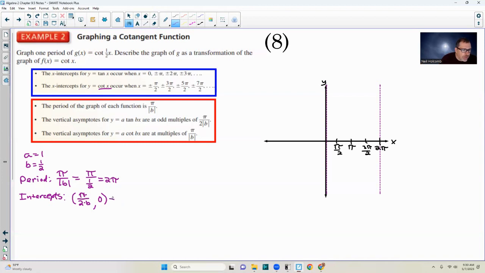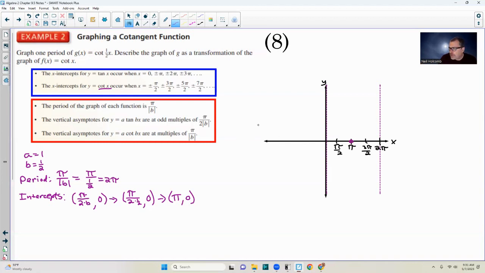So pi over 2 times a half is just pi, right? 2 times a half is 1, so we're going to get pi comma 0. So over to pi, 0, there is my x-intercept, and that's it, because if I go to the next one, we're going to be beyond 2 pi. All right, so there's our vertical asymptotes and our center at pi, our x-intercept.